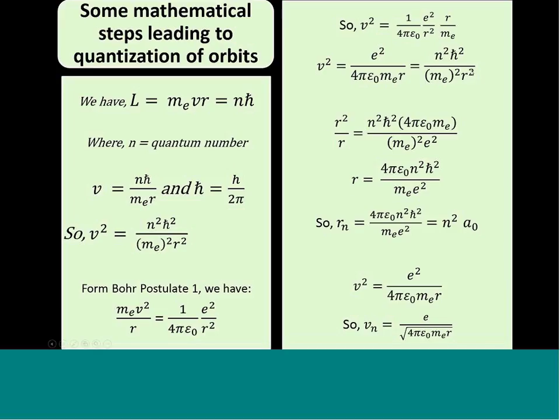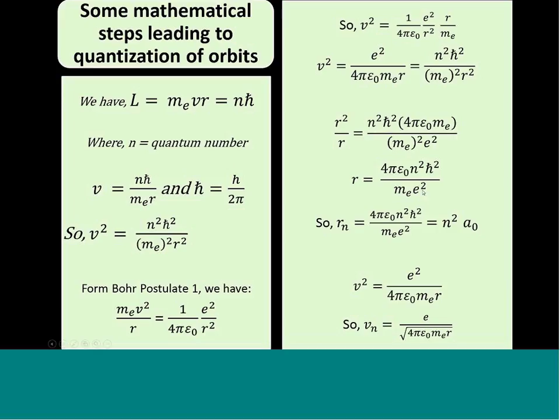So kita dapatkan nilai R saja. So R sebelah kanan ni kita bawa ke sini. So R kuasa 2 per R, so cancel. So tinggal satu R saja. Yang ME dengan ME ni, so yang ni kuasa 2, so ni 1, so tinggal 1 saja.